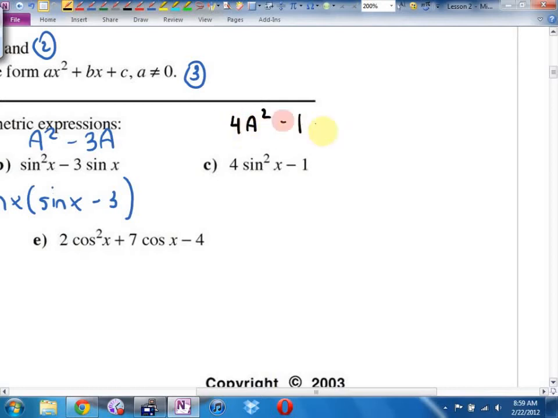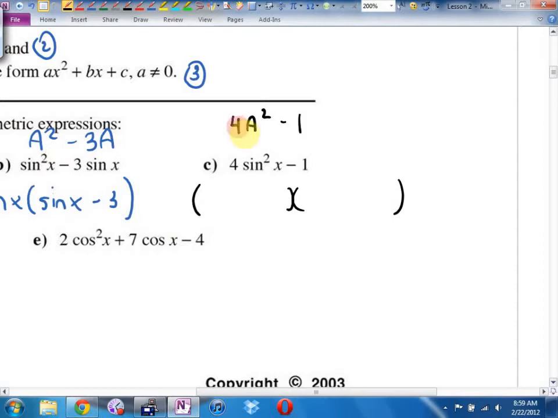Reggie, GCF? So, no. Right? How many terms? 2. Minus sign? Yes or no? Yeah? Perfect square? Difference of squares. So this is going to factor into 2 brackets, right?